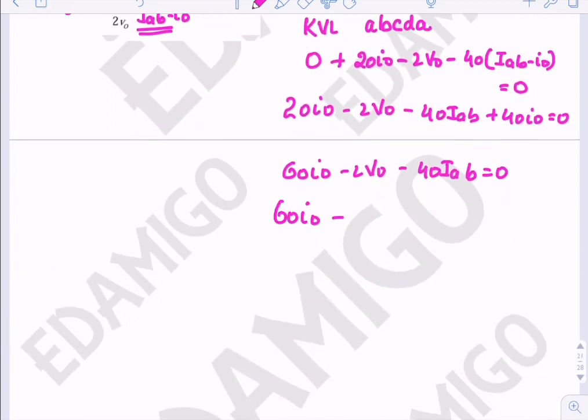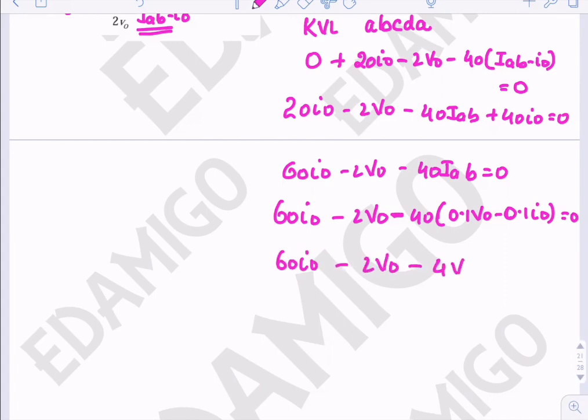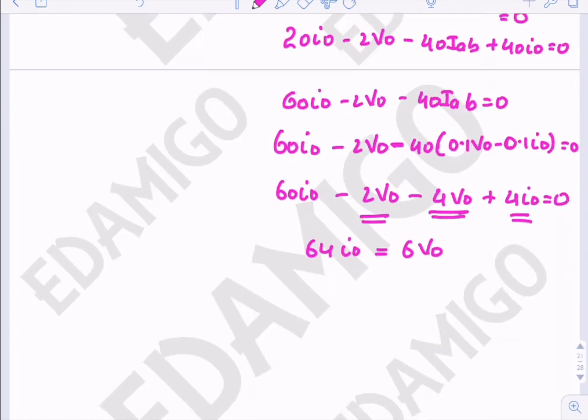So 60 I0 minus 2 V0 minus 40 times 0.1 V0 minus 0.1 I0 is equal to 0. 60 I0 minus 2 V0 minus 4 V0 plus 4 I0 is equal to 0. So 64 I0 is equal to 6 V0, or V0 is equal to 64 divided by 6 I0.